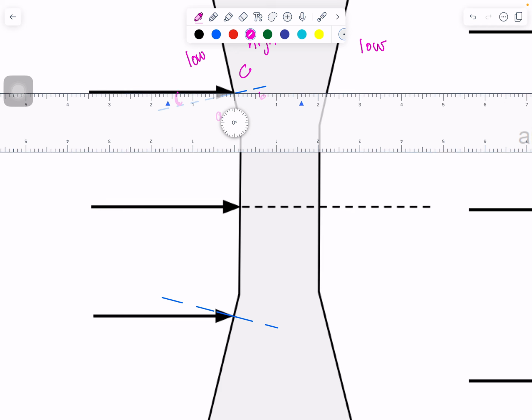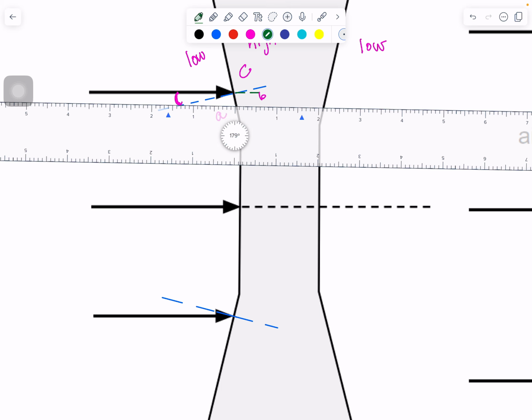So this is if it went through without being refracted, it just goes straight through. And since it bends towards the normal, I know that it has to be between the normal and that straight line. I'm going to draw it all the way over to here. That's where it hits.